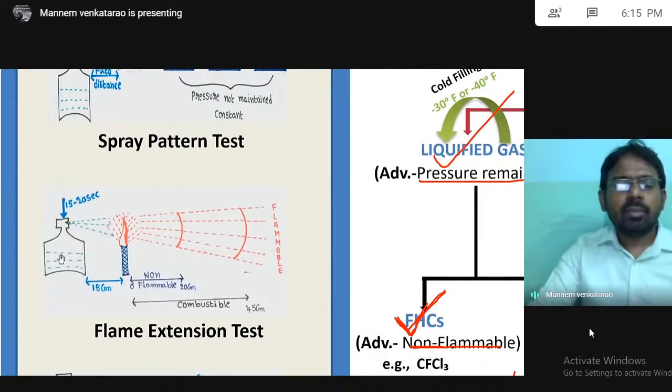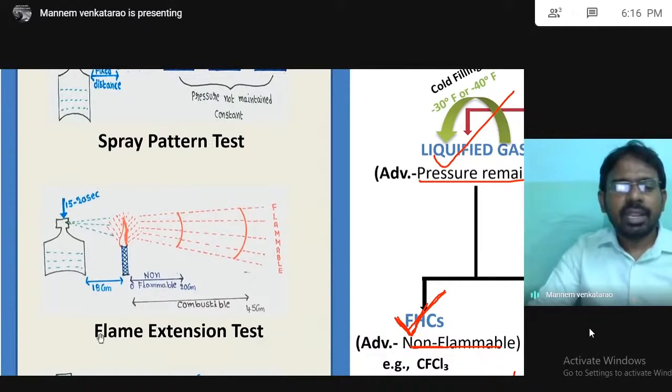The distance alone decides the flammability of this product. So if the propellant is flammable, you can observe the extension of the flame. Extension means spreading, extension of flame around the candle of more than 45 centimeter. If the propellant is combustible, it can spread up to 45 centimeter around the candle. If it is non-flammable, it can spread up to 20 centimeter around the candle.